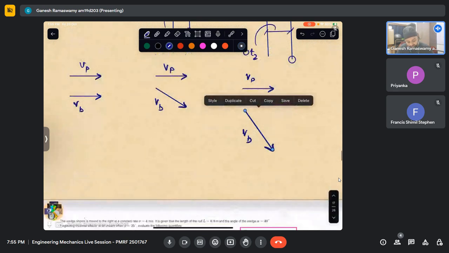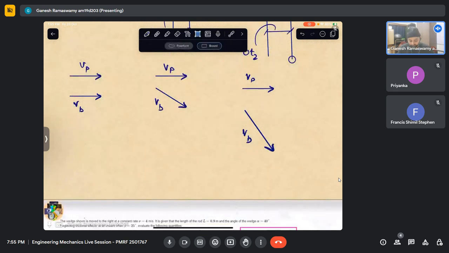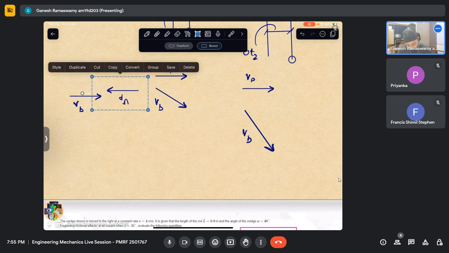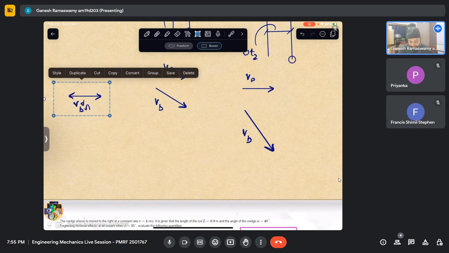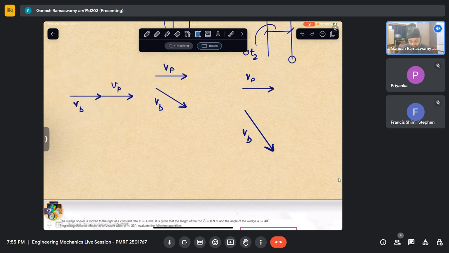For relative velocity, what is it that we do? We basically sit on one vector, look at the other, put tip to tail. Now if I put it here and negate it, then I will be able to see that the velocity is actually 0.